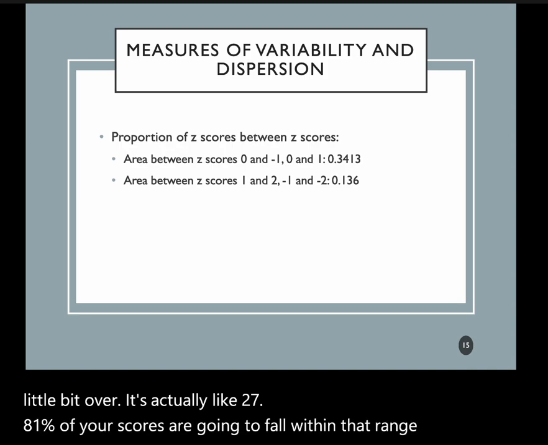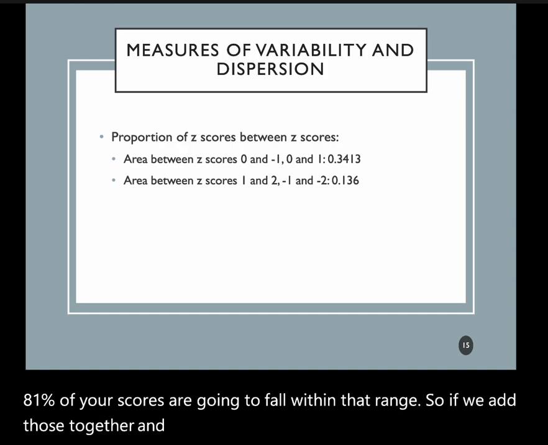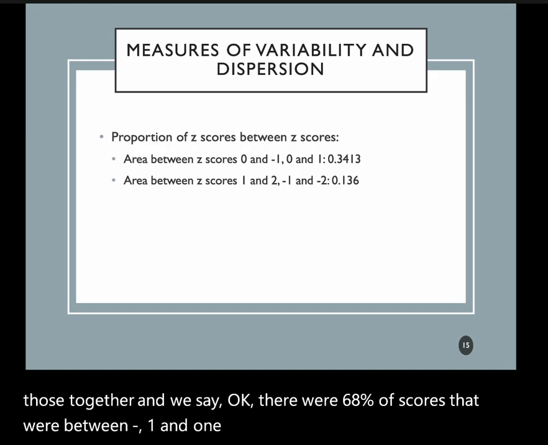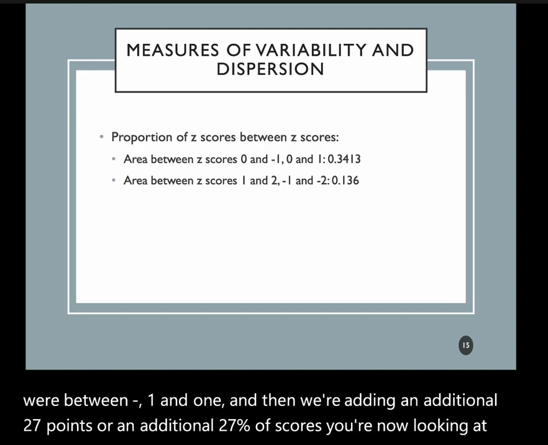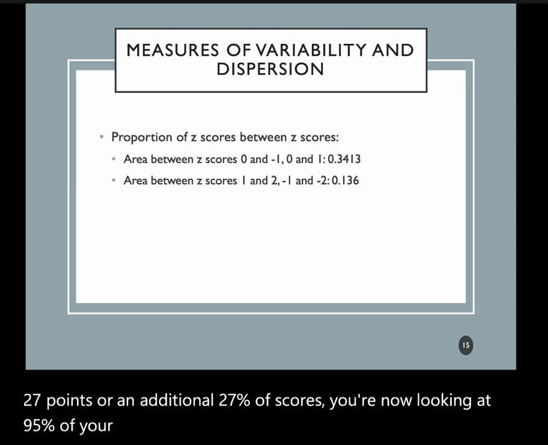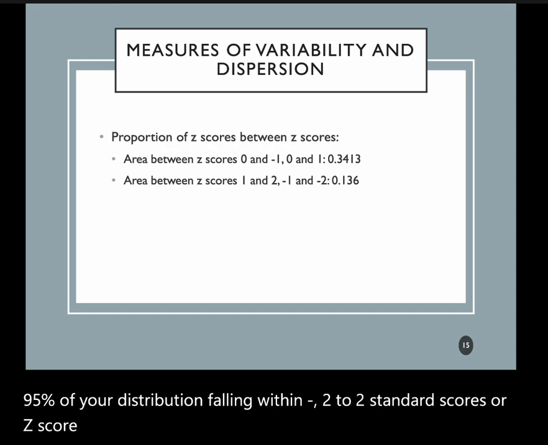So if we add those together, there were 68% of scores between -1 and 1, and then we're adding an additional 27% of scores, you're now looking at 95% of your distribution falling within -2 to 2 standard scores, or z-scores, away from the mean.